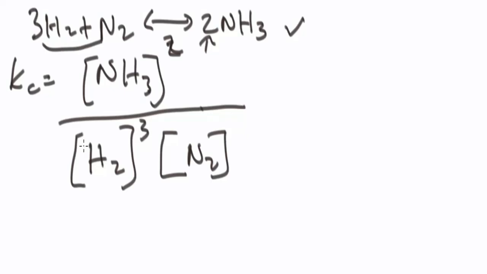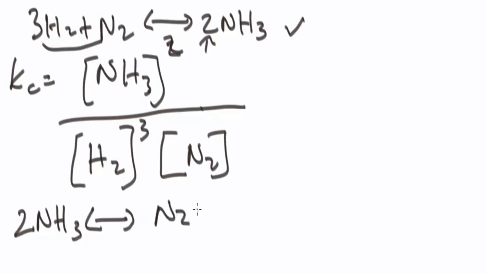Now let's look at another example. What if this is the reverse reaction? Let's say we are given 2 moles of ammonia decomposing to yield 1 mole of nitrogen plus 3 moles of hydrogen gas.